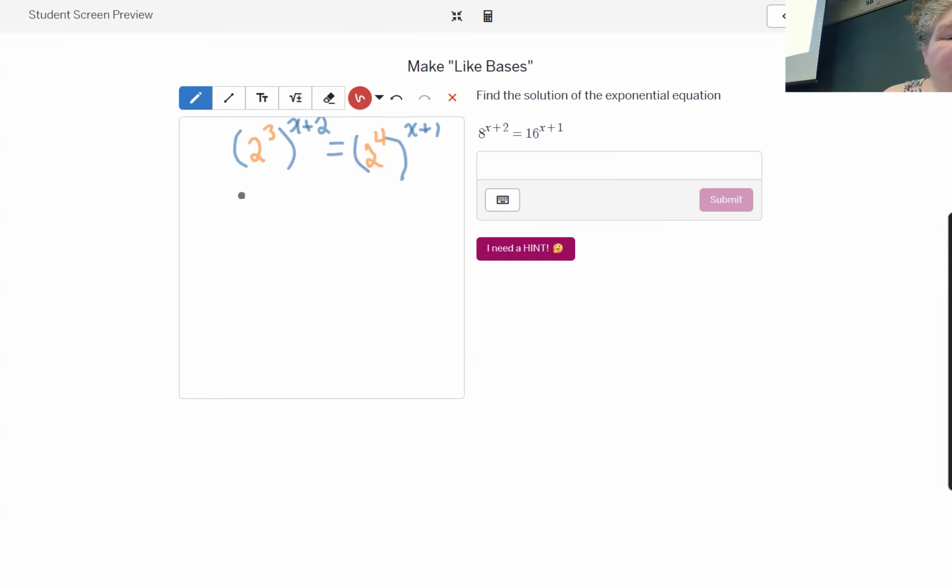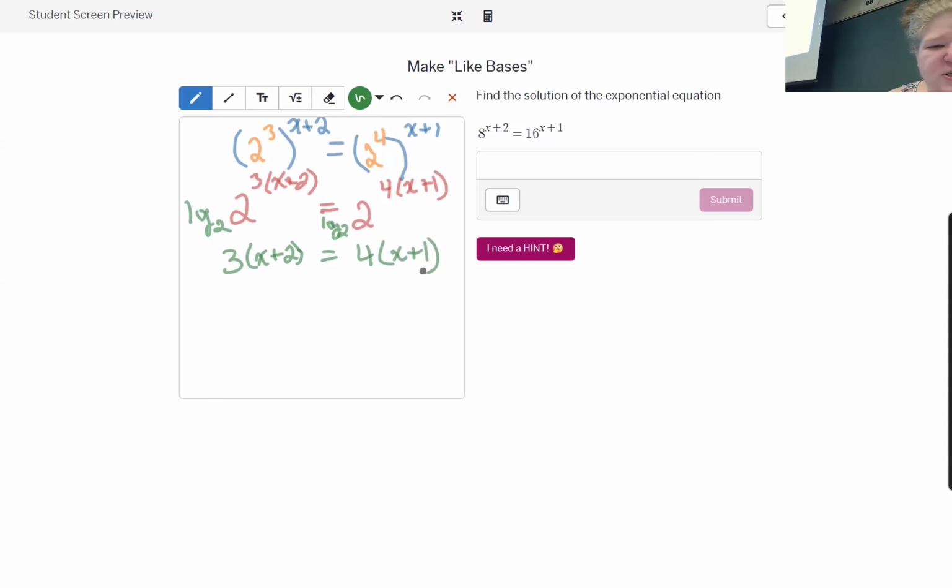So we get 2 to the 3 times x plus 2 equals 2 to the 4 times x plus 1. Now I can use the log base 2. So I have 3 times x plus 2 in parentheses equals 4 times x plus 1 in parentheses.